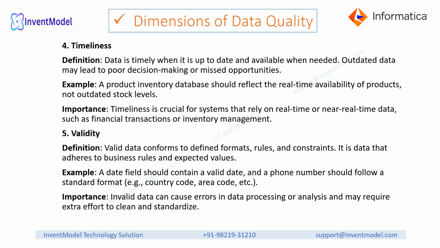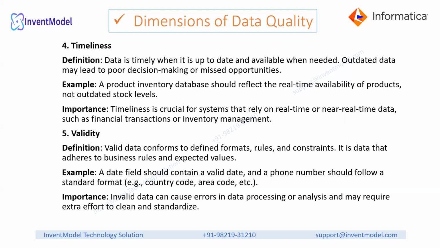Right? Now let's move to the next dimension of data quality, that is called validity. Valid data conforms to defined formats, rules, and constraints. It is data that adheres to the business rules and expected values. A data field should contain a valid date and a phone number should follow a standard format.